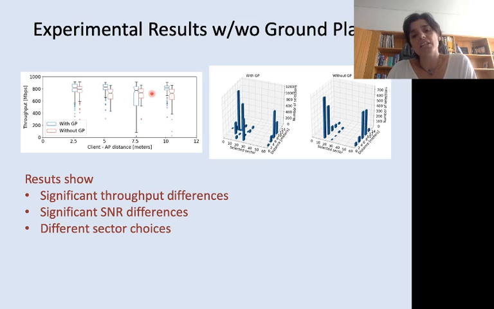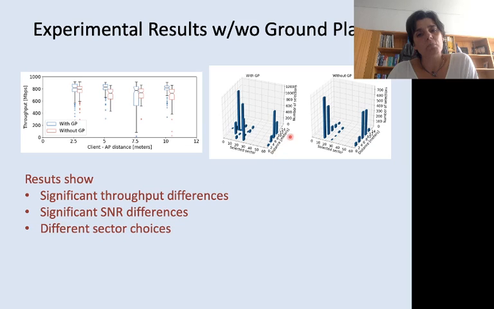Now, we also looked at the sector choices, although these are the aggregate sector choices, so for each distance, this is the distribution of chosen sectors. And you can see that without the ground plane, it's very steady, and you actually only use 3 sectors, and it changes a bit with the distance, but it's pretty similar throughout.